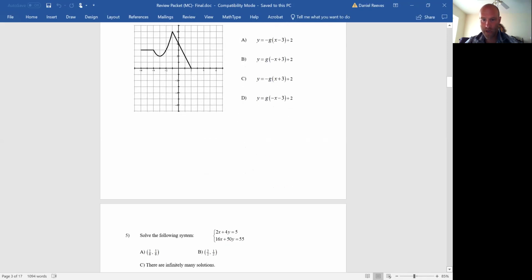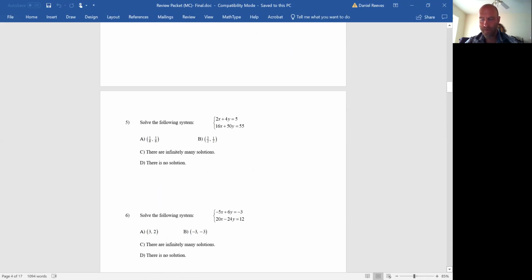Scrolling on down, solve the following system. I'm going to multiply my top equation by 8. I'm literally going to do that here. I will get 16x plus 32y equals 40. I'm going to leave my second equation as is, 16x plus 50y equals 55.